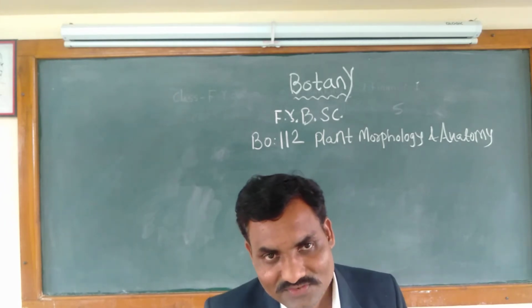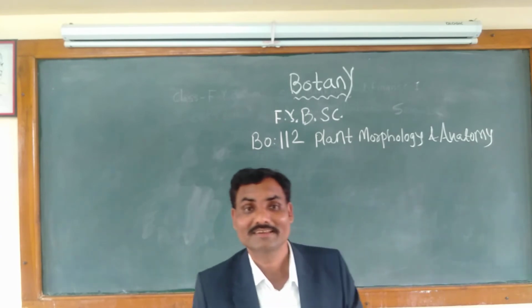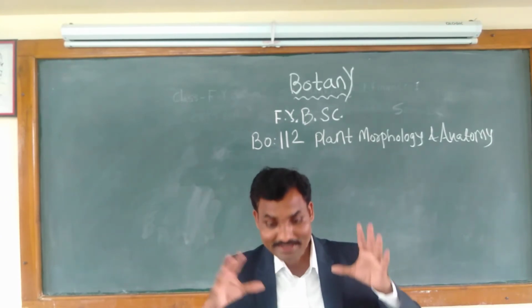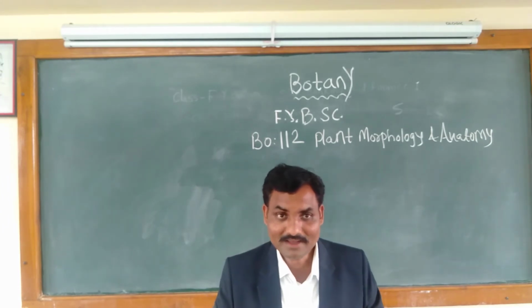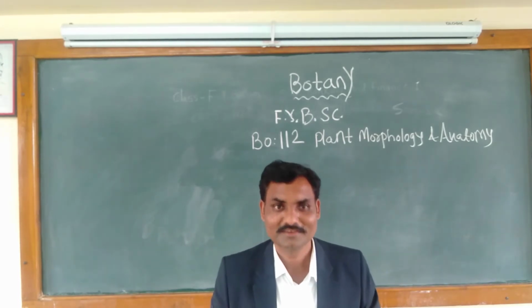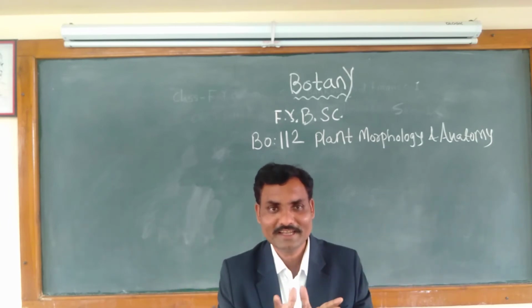That is calyx. What about the nature of the calyx? Is it polysepalous or gamosepalous? What is polysepalous? Sepals are free. What about gamosepalous? Sepals are united. We cannot differentiate the sepals.